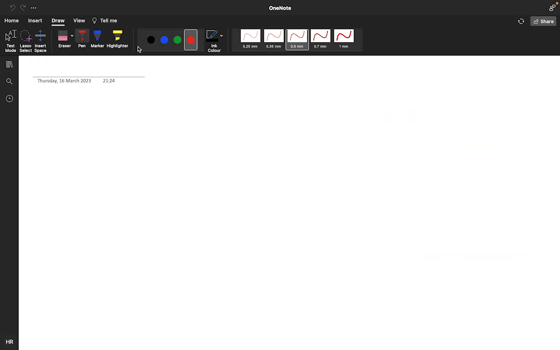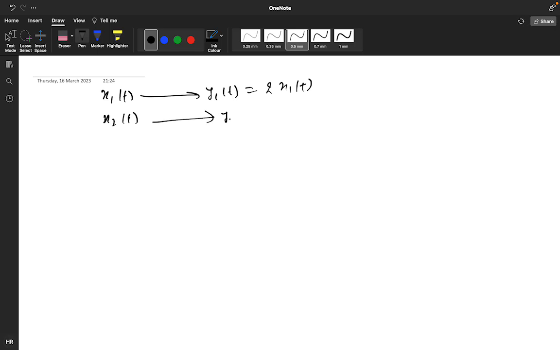Okay, now if anyone is asking about homogeneity: suppose you have x1 of t, y1 of t. So y1 of t is equal to 2x1 of t. And if you have x2 of t, your y2 of t will be 2x2 of t.